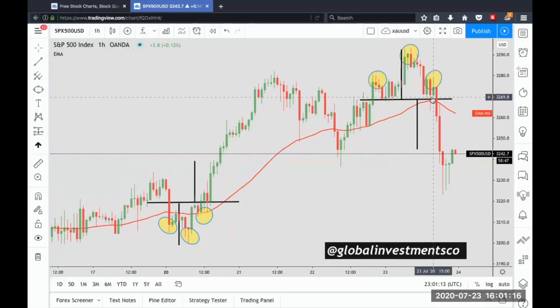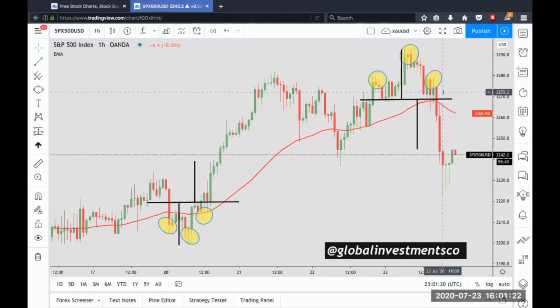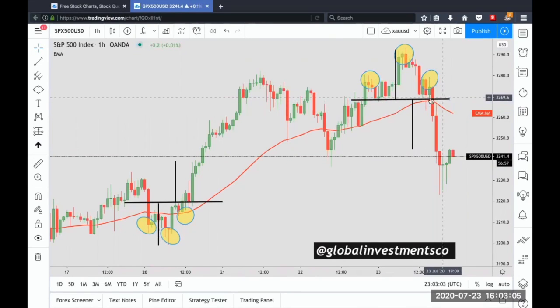Then it made the lower high at 32.80, and the main thing that we wait for is confirmation in the market. So we're going to always wait for that breach down to the downside past that neckline, which it did here in this example.